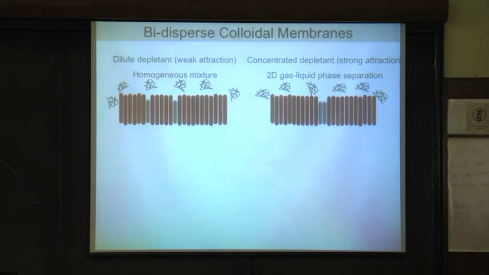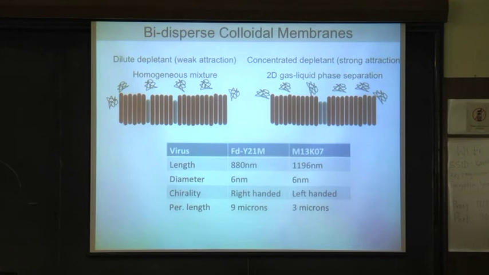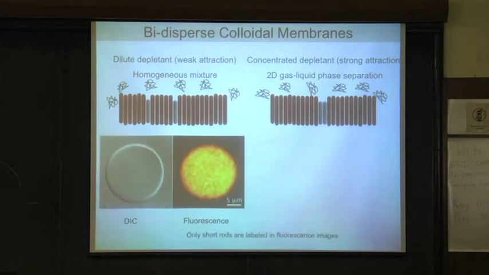So the two kinds of rods that I was using have two different rod lengths, and the difference in the lengths is about 26%. They have exactly the same diameter, they're oppositely handed, and they're slightly different in their flexibility. So indeed, we did see these two regimes, and in all the movies that are to follow, only short rods are labeled, and these fluorescence pictures have been false colored.